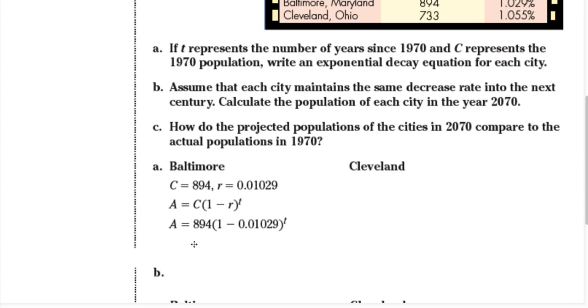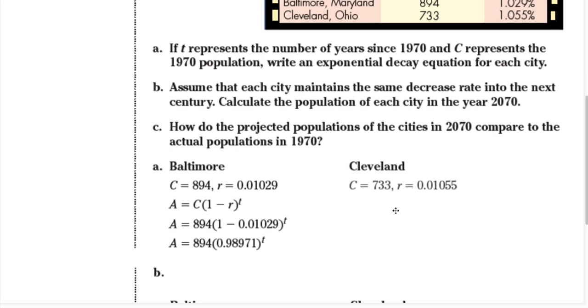We have our expression now, and if we subtract 0.01029 from 1, we'll end up with our expression 894 times 0.98971 raised to the T power.